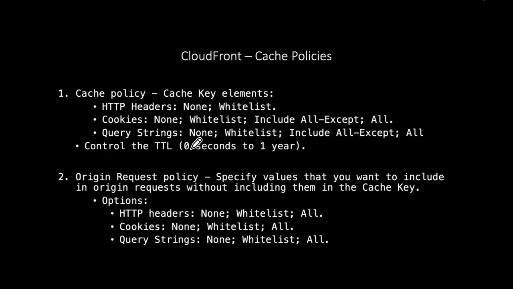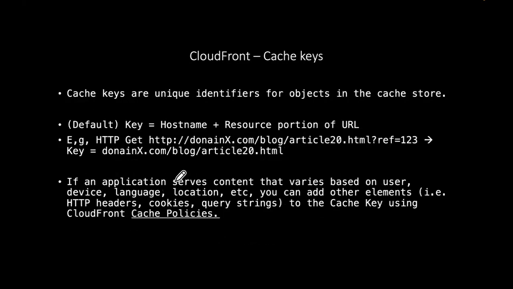Because did I say that somewhere? Sorry, if I go back, I'm jumping around a little bit. Like I'm saying here that it may be the case for your particular website or web app that the person that's making the request may actually influence the content that they receive back, or the device that they're using may influence the content that they get back.